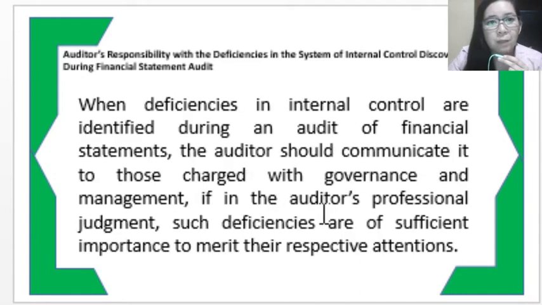When deficiencies in the internal control are identified during the audit of the FS, the auditor, as required in the standard, should communicate them to whomever is appropriate for responding to those deficiencies, either to those charged with governance or the management or both, if in the auditor's professional judgment such deficiencies are of sufficient importance to merit their attention.